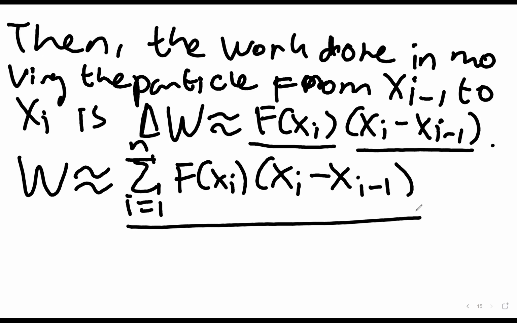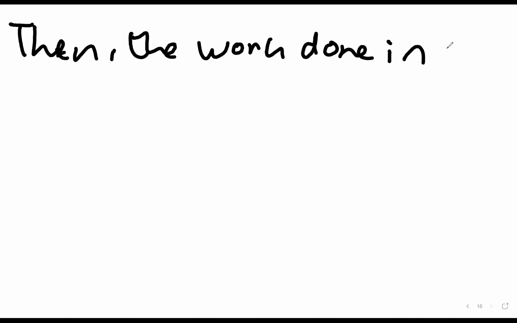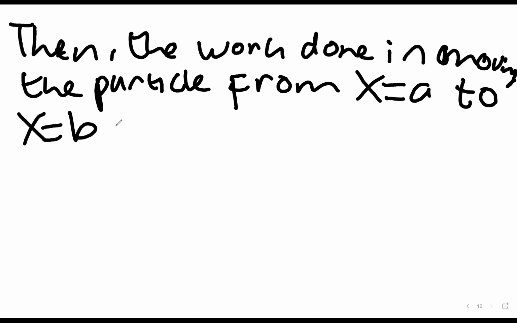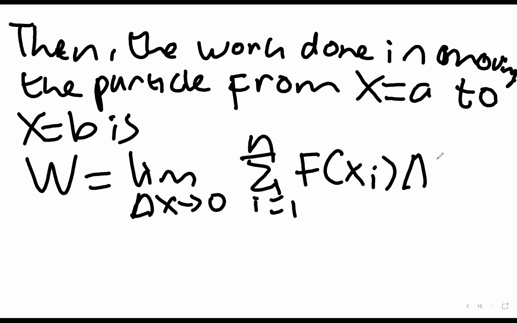Of course, remember that this is the Riemann sum. We can write this as the summation, i equals 1 until n, of f(x_i) delta x. If we take the norm of the partition, or delta x, tending to 0, then the work done in moving the particle from x equals a to x equals b is W, simply the limit as delta x tends to 0 of the Riemann sum of f(x_i) delta x_i.